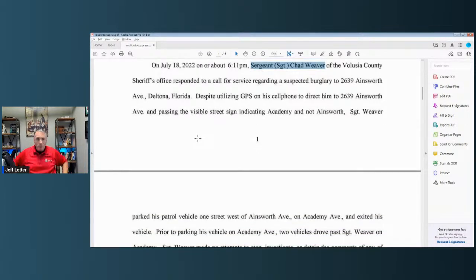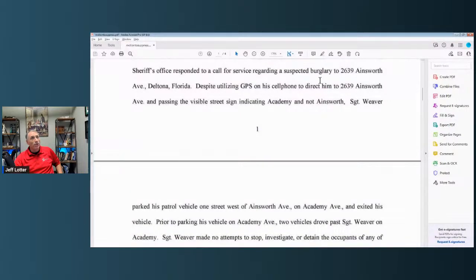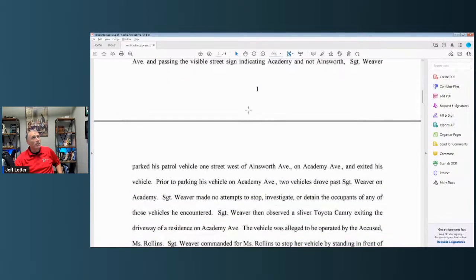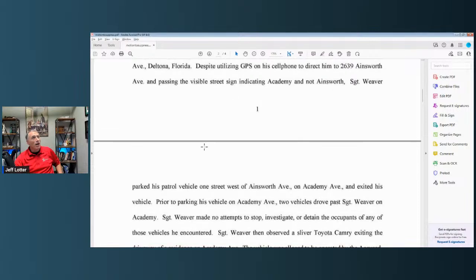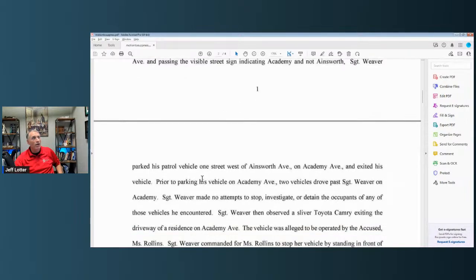If you read the motion to suppress, on or about July 18th, about a year ago, this sergeant responded to a burglary in progress at this address in Deltona. I guess Deltona doesn't have their own municipal police department, so they use the sheriff's office to cover that.